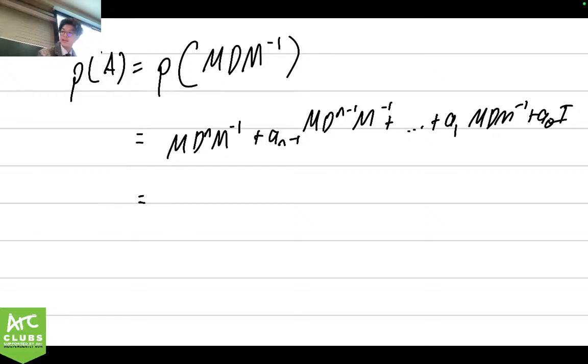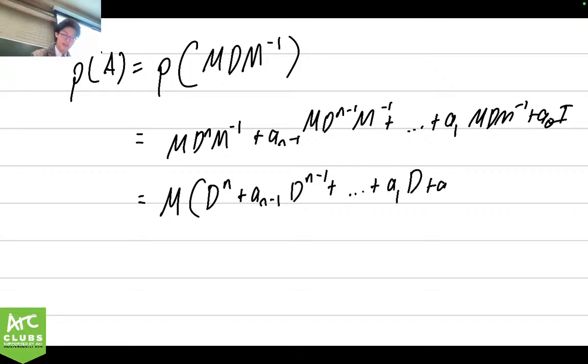We can immediately take M and M inverse out of everything because they are common to all the terms. And so we will have M times D to the n plus a_{n-1} D to the n minus 1, all the way to a1 D plus a0 I, times M inverse.